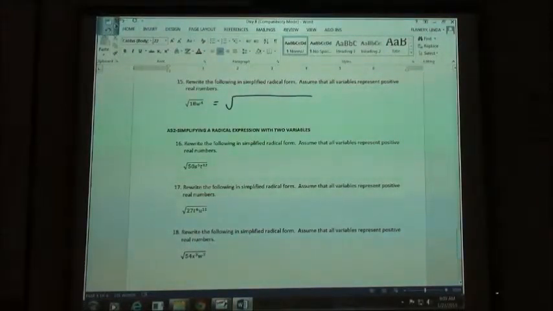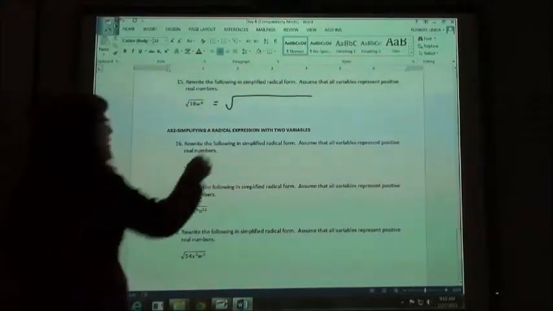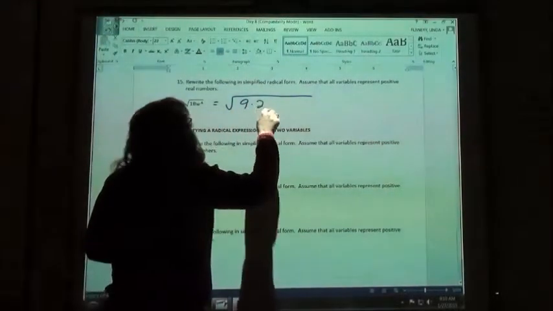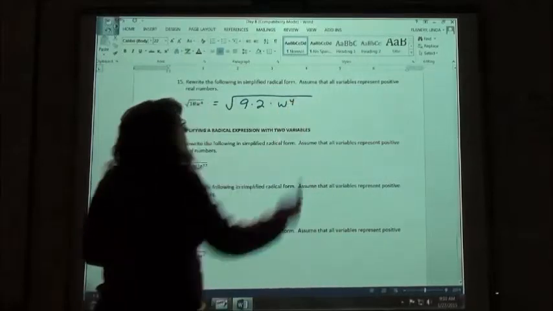It's got to be a number that's a perfect square. So 16 doesn't go into 18, but 9 does, right? So 9 times 2 is 18. And then we have the w to the 4th.